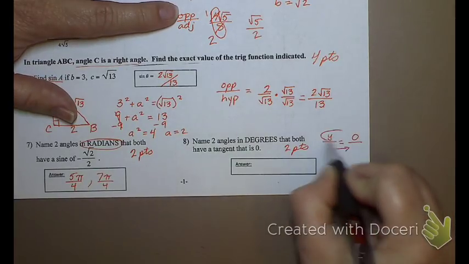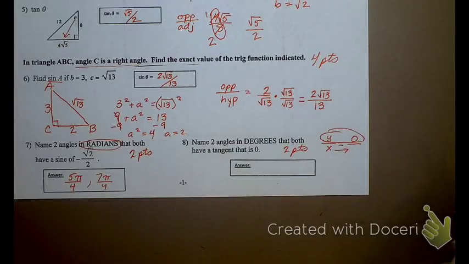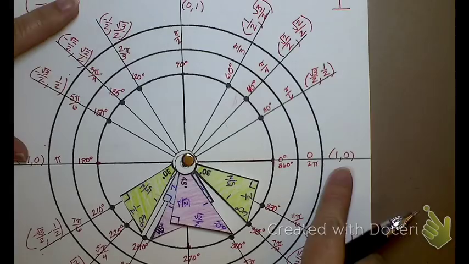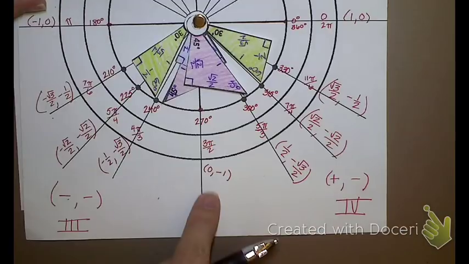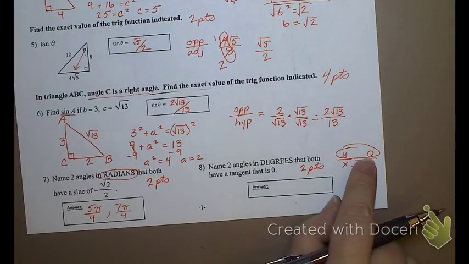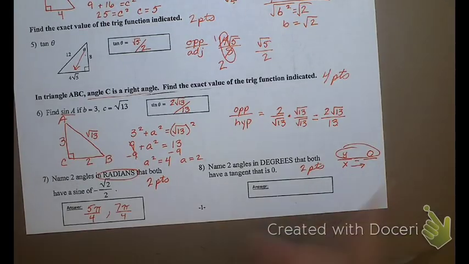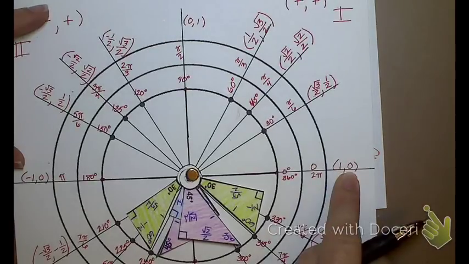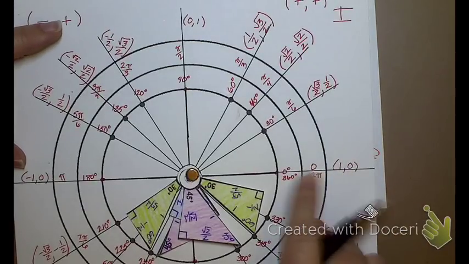It only matters that y has to equal 0. Whenever you're talking about a 0 as a coordinate, you're talking about one of your quadrant angles. Those are the only ones that have 0s and 1s in them. So, which ones have a y value of 0? That one does. I could call that 0 degrees.